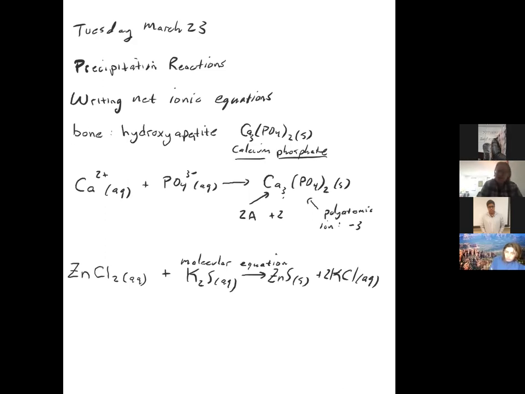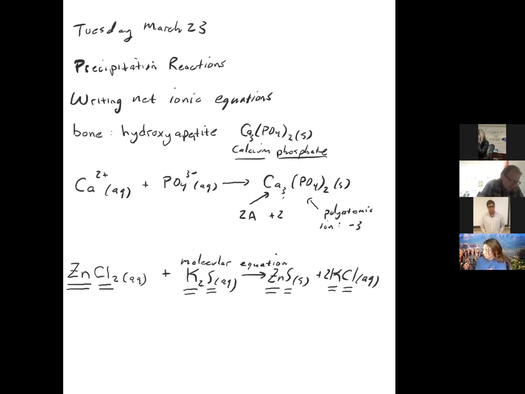There are very complicated compounds out there, but most of the ones we look at in general chemistry are binary, meaning they've got 2 parts. The zinc is 1 part, the chloride is the second part, 2 parts. The potassium is one part. The sulfide is the second part, 2 parts, binary compounds, right? And even on the product side, 2 parts, zinc and sulfide, potassium and chloride, 2 parts, binary ionic compounds. So if you can think of, at least in terms of precipitation reactions, each substance as having 2 parts, that can kind of help you analyze what's happening.